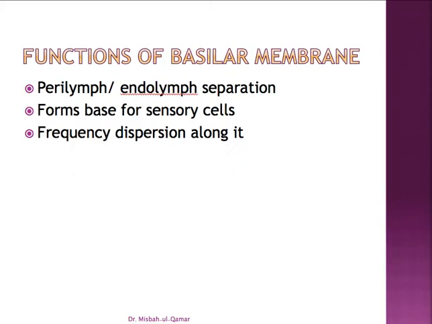These sound vibrations will cause the movement of the basilar membrane, and the fibers in a particular region of the basilar membrane will show vibration, they will be stimulated, and ultimately the cochlear hair cells present in that part of the organ of Corti will be stimulated, and then they will cause the generation of electrical impulses.